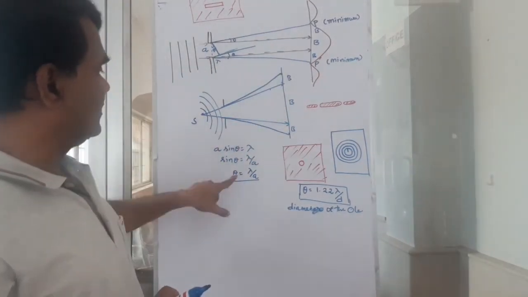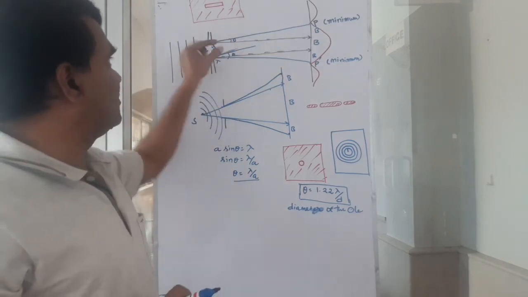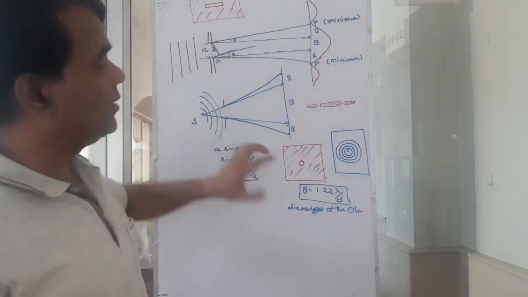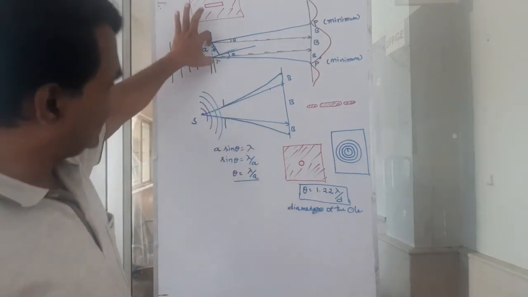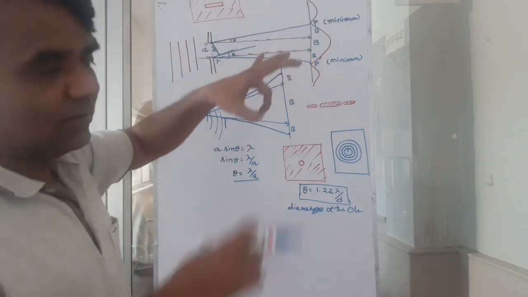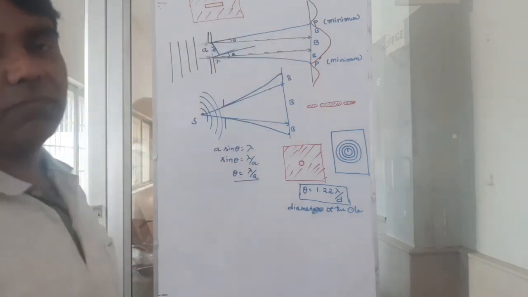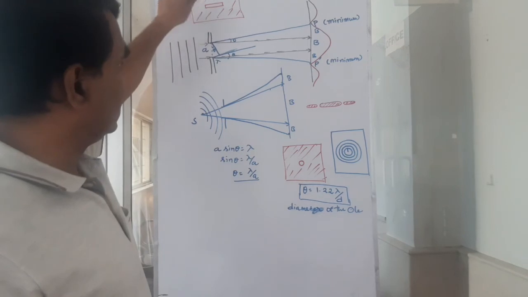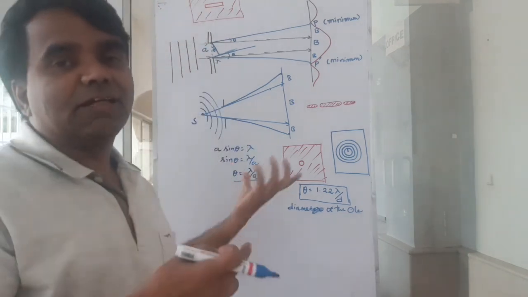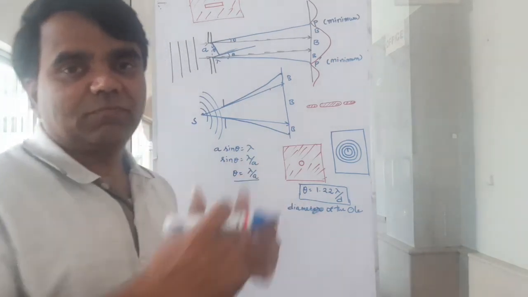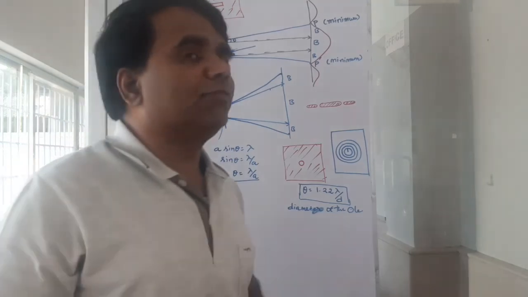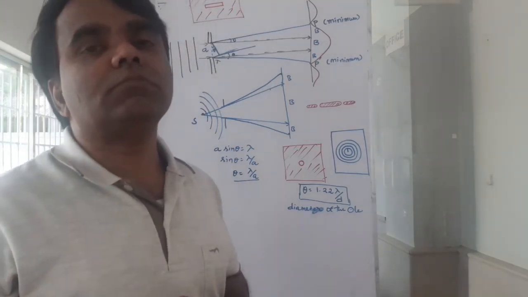If it's a slit, it is just lambda by a. Because it's a circular aperture, it is 1.22 lambda by d, where d is in place of a. Right? Same thing, a and d are the slit width and the diameter respectively. Pretty much the same. So this has a profound impact basically.